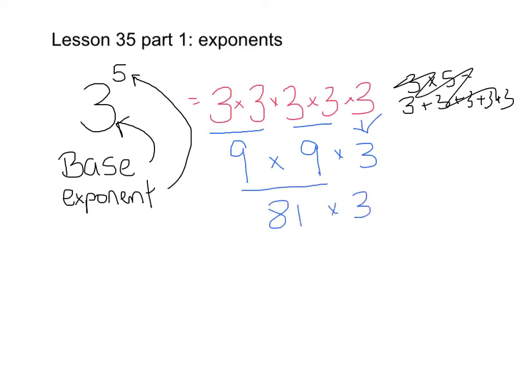And 81 times 3 is 243. Look how quickly this little bitty number and this little bitty number turned into a very large number. So 3 to the 5th power is 243, a very large number.